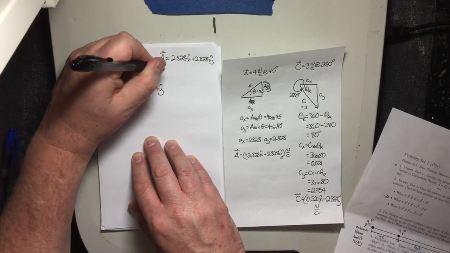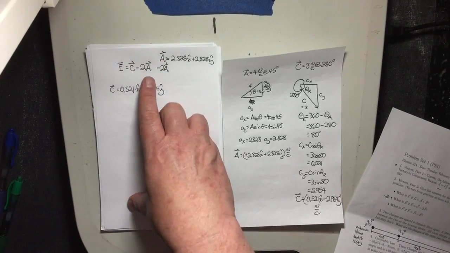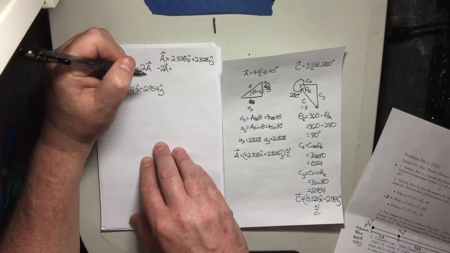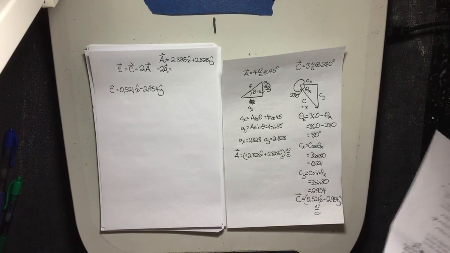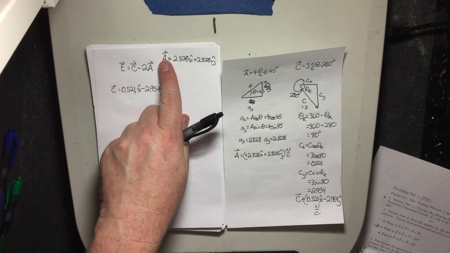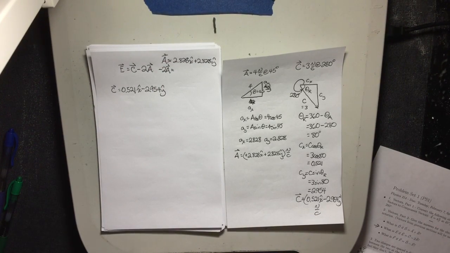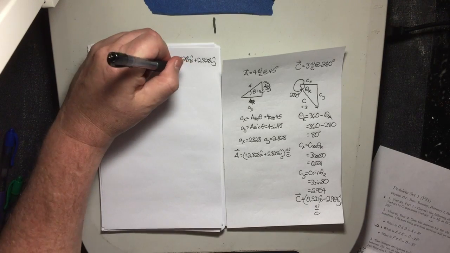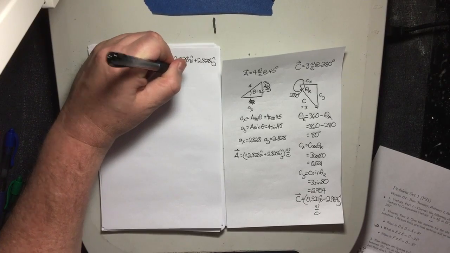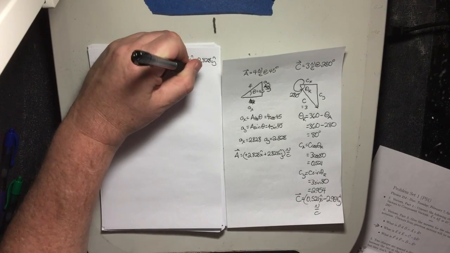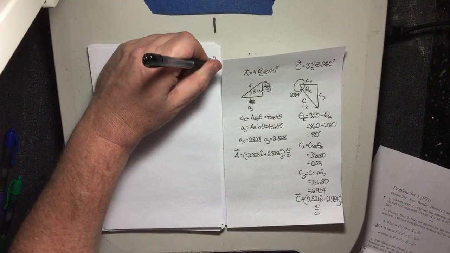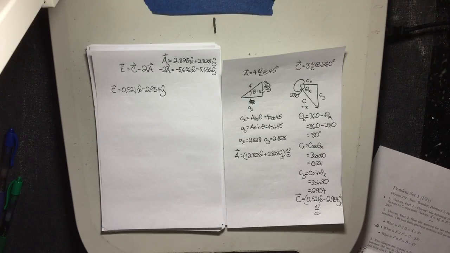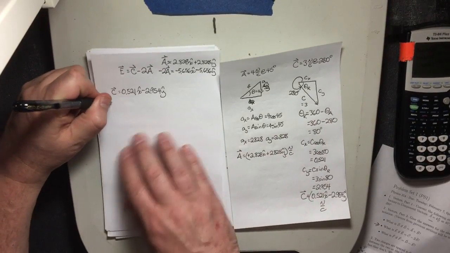But if it's negative 2A, you multiply both components by 2 and toss in a negative sign. You just take that negative 2 and let it go through it. So 2.828 times 2, negative 5.656 x hat minus 5.656 y hat, and that is the value of negative 2A.